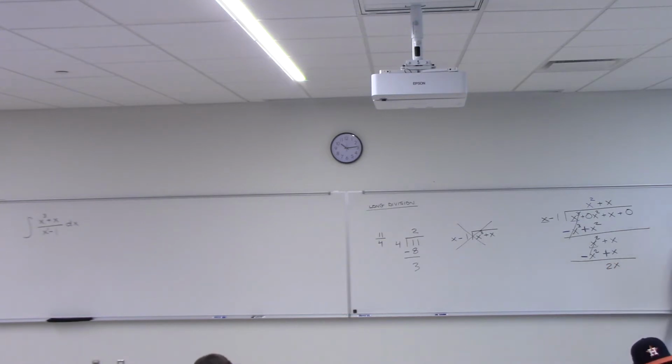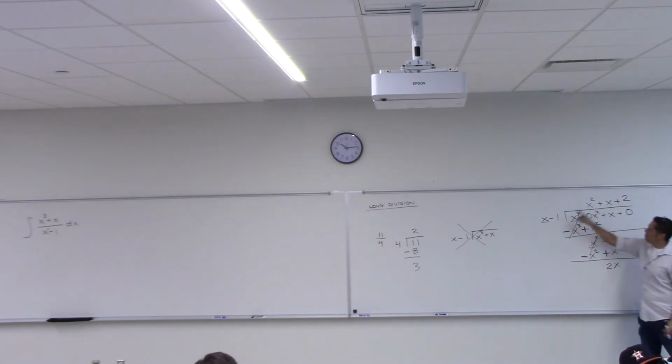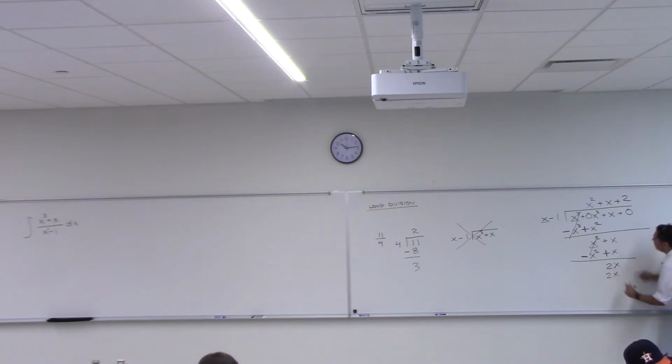Am I done? No, because I can turn x into 2x by multiplying by 2. So I put plus 2 here, okay? And then over here, that's really doing 2 times x minus 1 and distributing through. So I'm going to get this 2 times x. I know y'all, it's getting hard to see over here. 2x, and then don't forget 2 times negative 1 is negative 2.